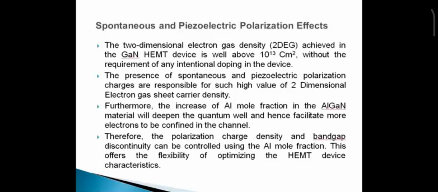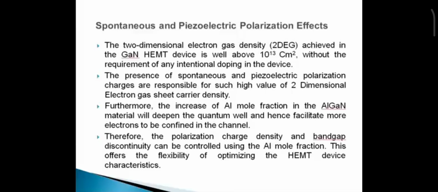The presence of the spontaneous and piezoelectric polarization charges is responsible for such a high value of two-dimensional electron gas sheet carrier density. Furthermore, the increase in aluminum mole fraction in the aluminum gallium nitride material will deepen the quantum well and hence facilitate more electrons to be confined in the channel.